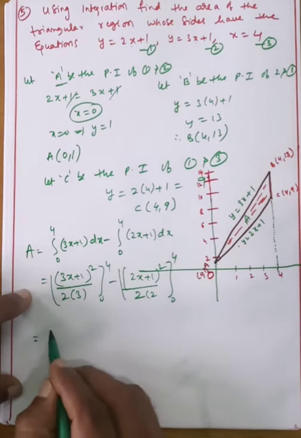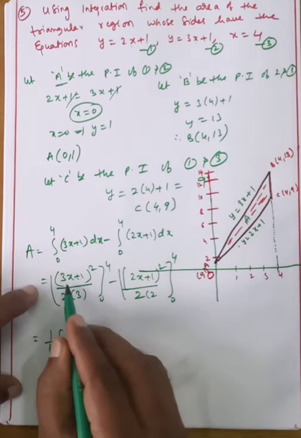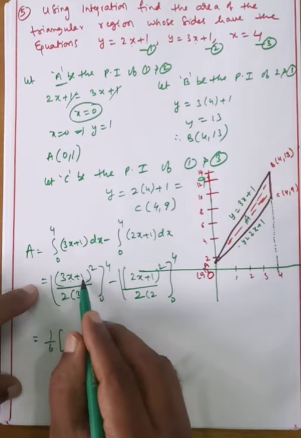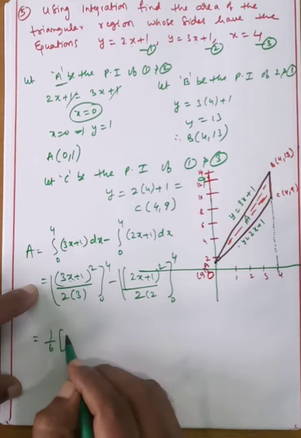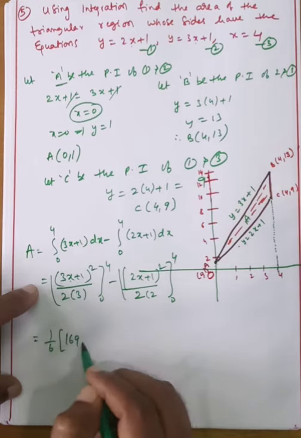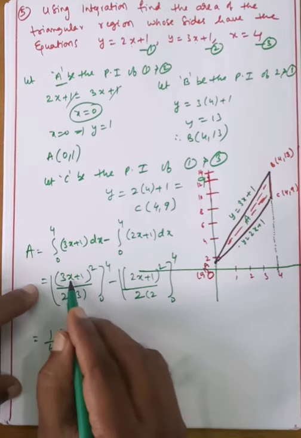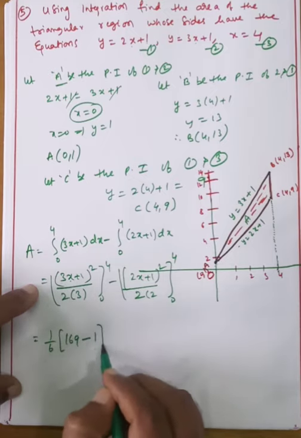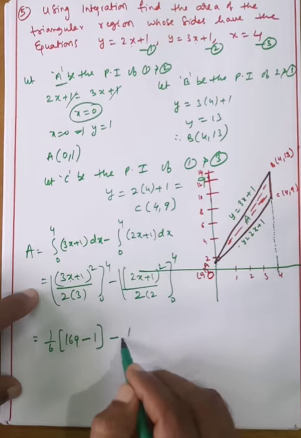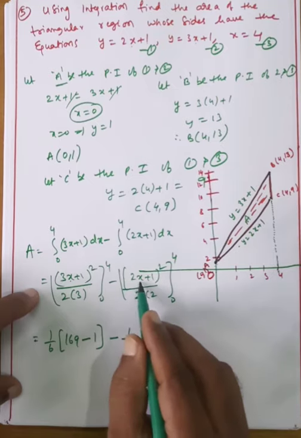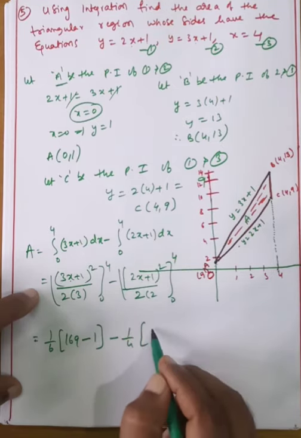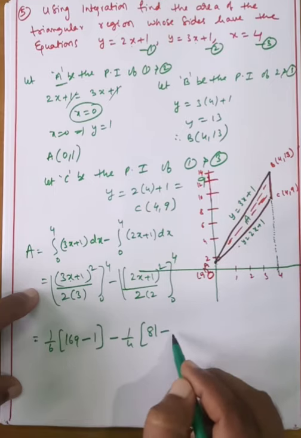Now 1 by 6 into upper limit 4: 3 fours are 12, 12 plus 1 is 13, 13 square is 169, minus lower limit 3 into 0 plus 1 is 1, minus 1 by 4 into upper limit 2 fours are 8, 8 plus 1 is 9, 9 square is 81, minus lower limit 1.